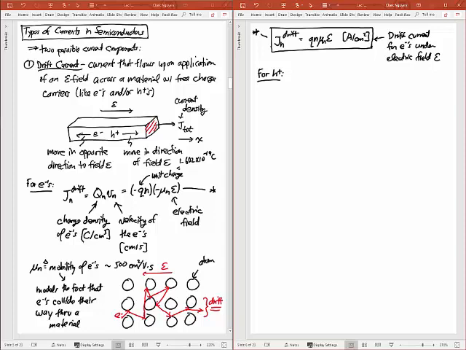For holes, I can write a J sub P drift equation. That's going to be equal to Q sub P, which is going to be the charge density of holes, also in coulombs per cubic centimeter, times V sub P, which is going to be the velocity of holes, in centimeters per second.